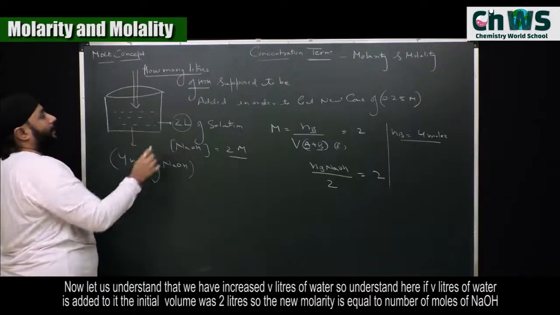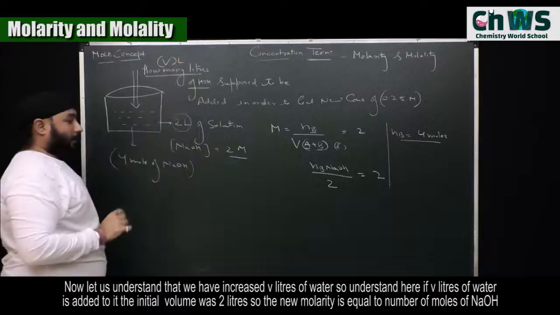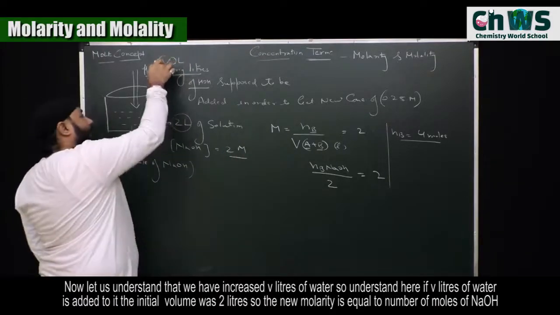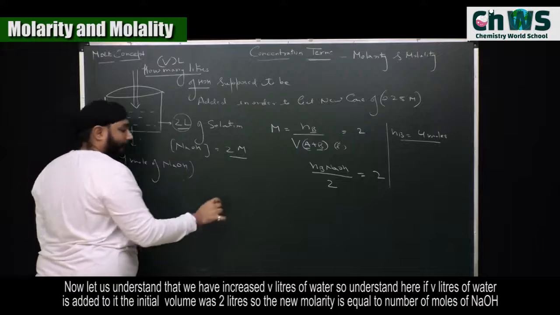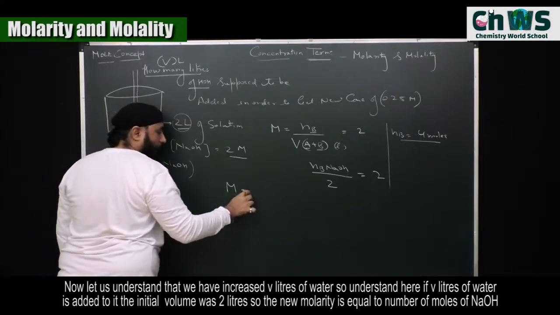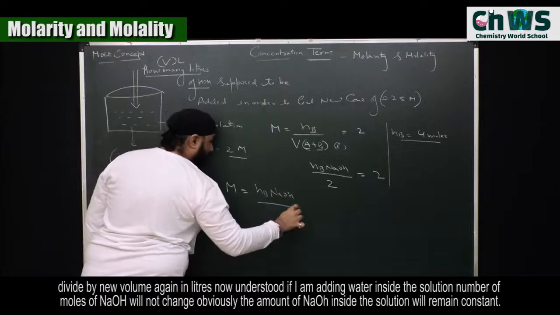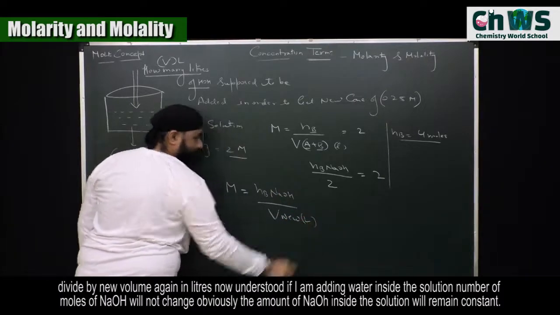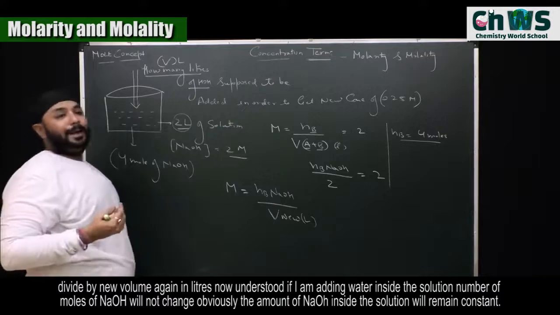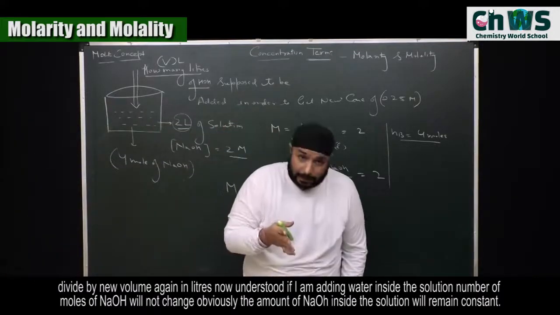Now let us understand, I have added V liters of water. So if V liters of water are added to it, the initial volume was 2 liters. So new molarity is equal to number of moles of NaOH divided by new volume, again in liters. Understood? Now if I am adding water inside the solution, the number of moles of NaOH will not change.